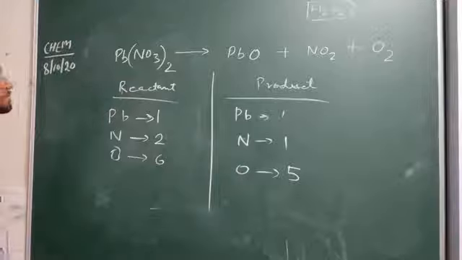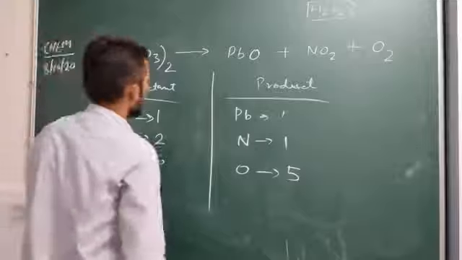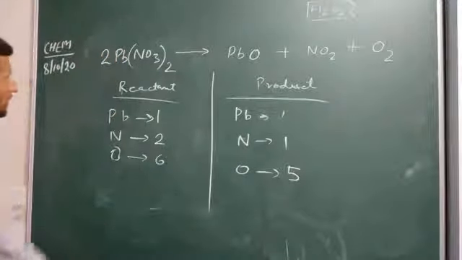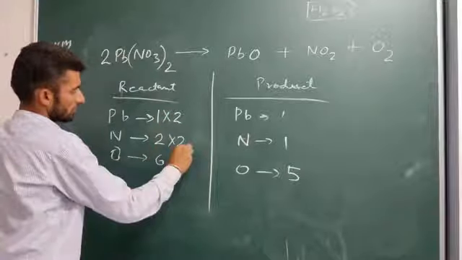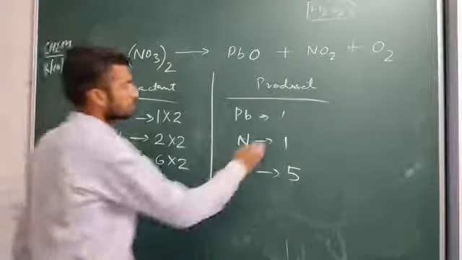How will we balance this one? If you write 2 here, then all the atoms get multiplied by 2. Now lead becomes 2.